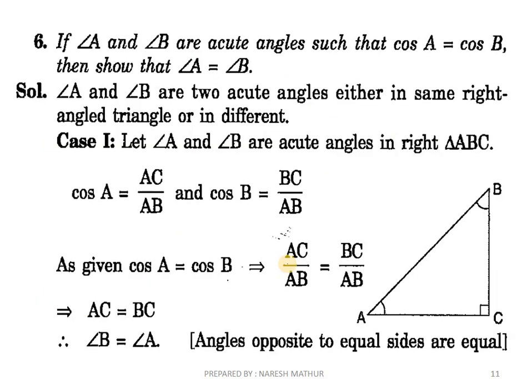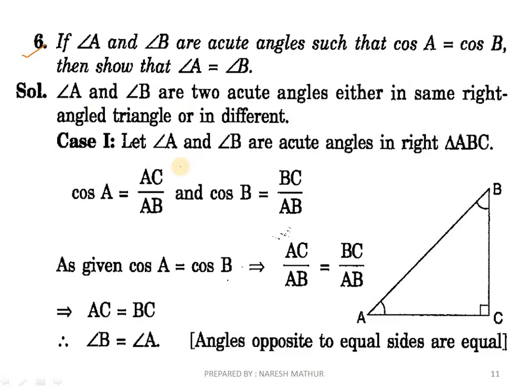Now question number 6 is a little bit different. We are given angle A and angle B are acute angles of a triangle, such that cos A equals cos B. Now we need to show that angle A equals angle B. There are certain methods to solve this kind of problem, so we are using this one because it's the simplest. So let's consider triangle ABC right angled at C, and A and B are the acute angles in triangle ABC.